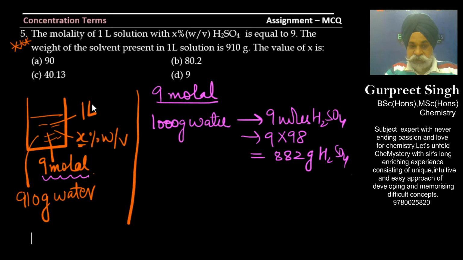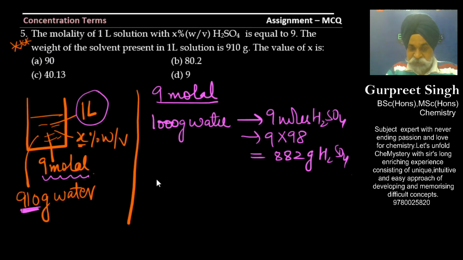So what we are saying is you are being given 1 liter, and this 1 liter solution is 9 molal. I am writing the meaning of 9 molal: 1000 gram of water contains 9 moles of sulfuric acid, that is 882 grams of sulfuric acid. Now, as per the statement, in 1 liter of this solution you would have 910 grams of water.